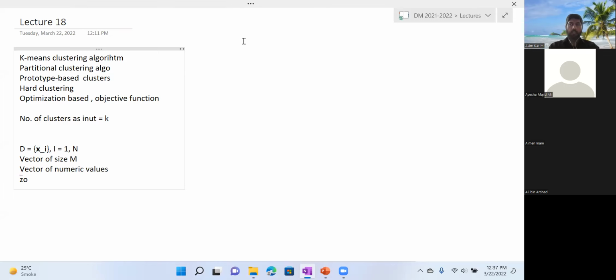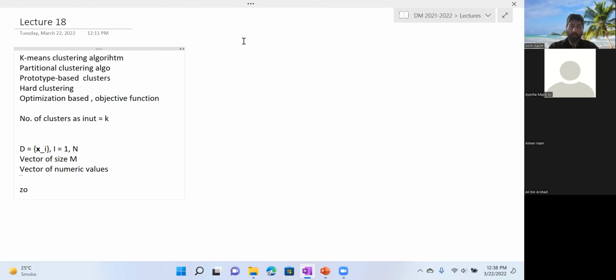This is a characteristic of the k-means, which is both a limitation as well as a benefit, in the sense that it's fast. It only works on numeric attribute values. So the vector x represents features that are all numeric.